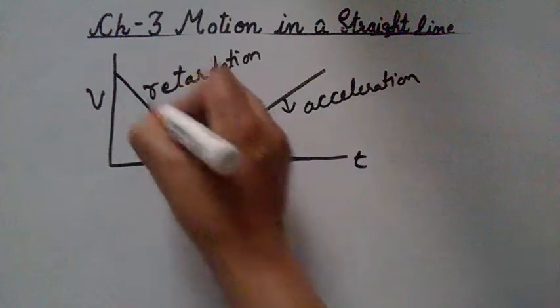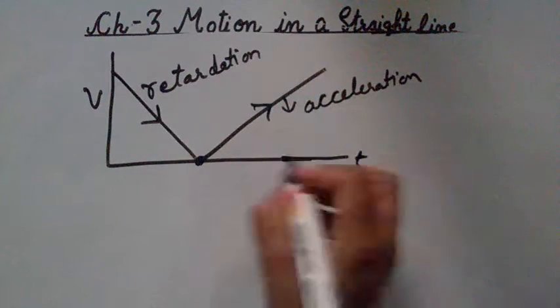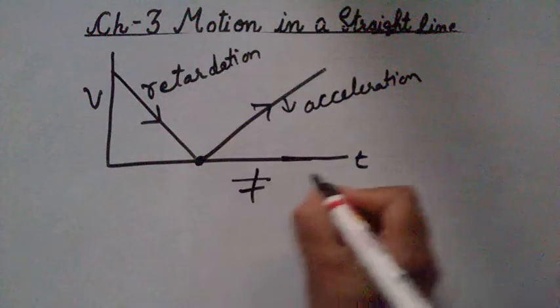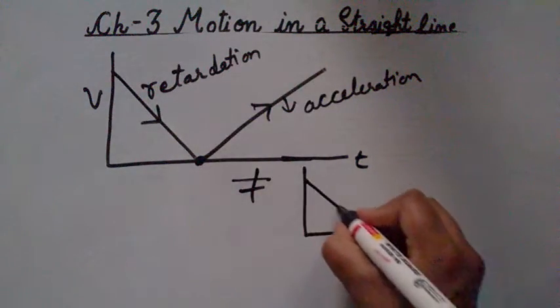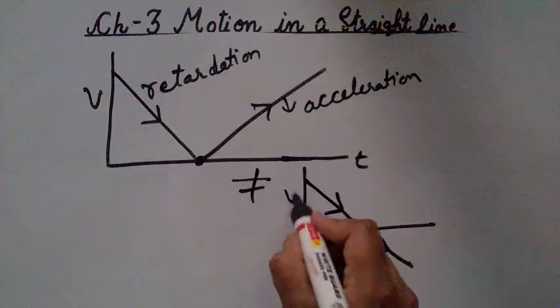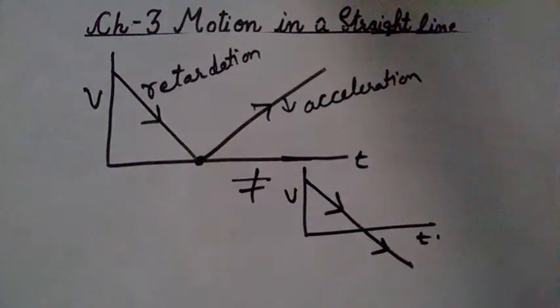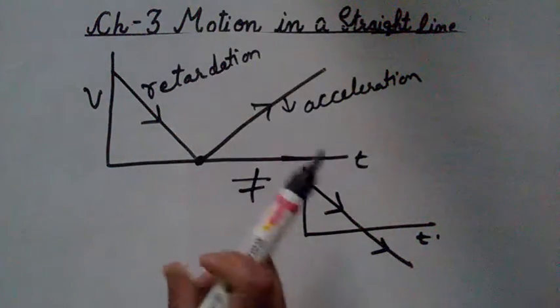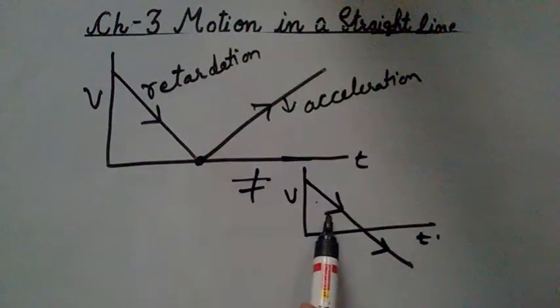Here the direction is not changing. So this graph is not equal to this one. This is a straight line motion, and here we are throwing body in upward direction.